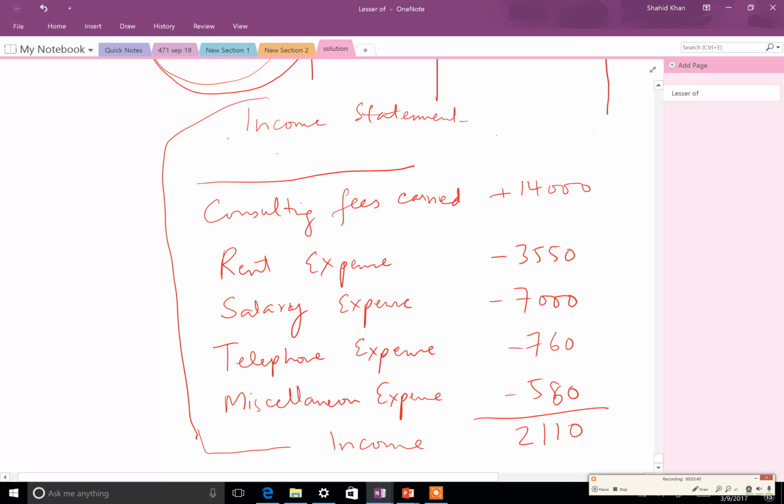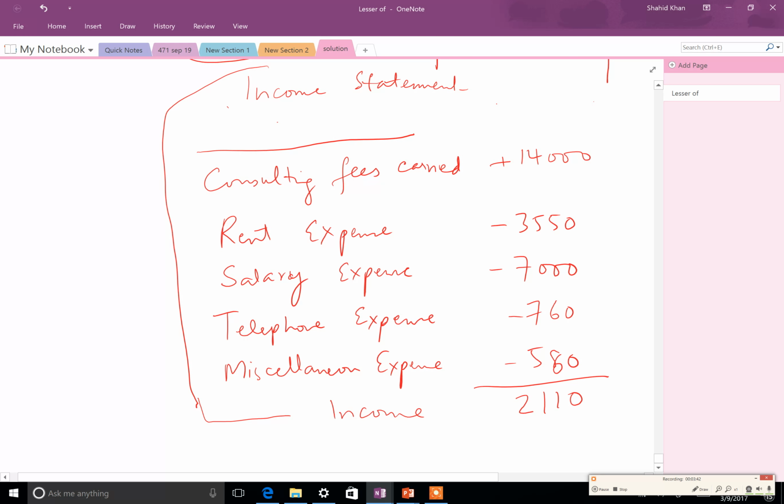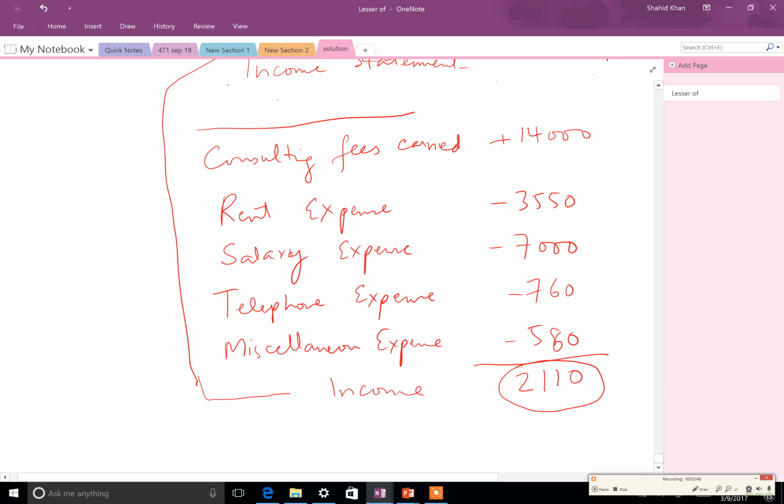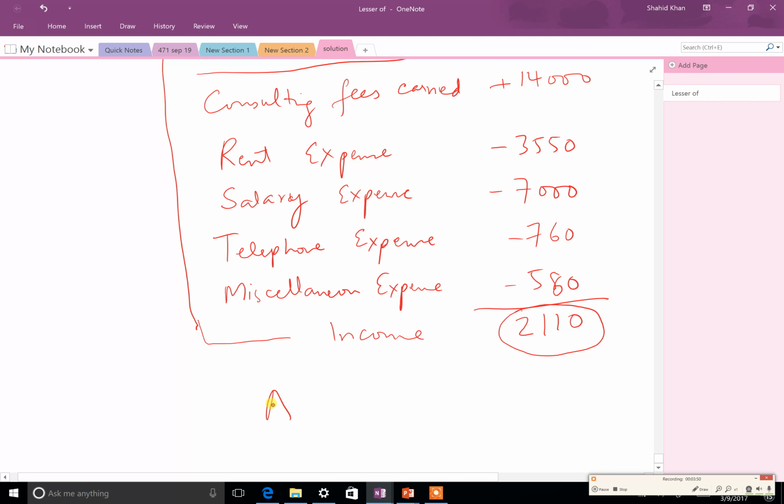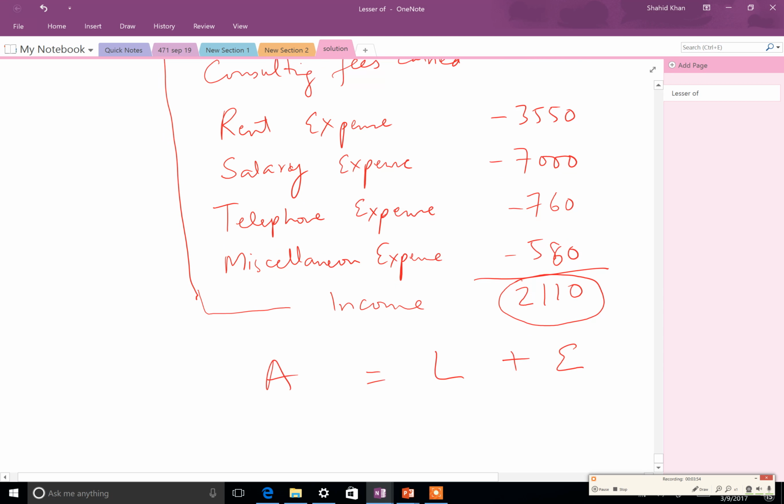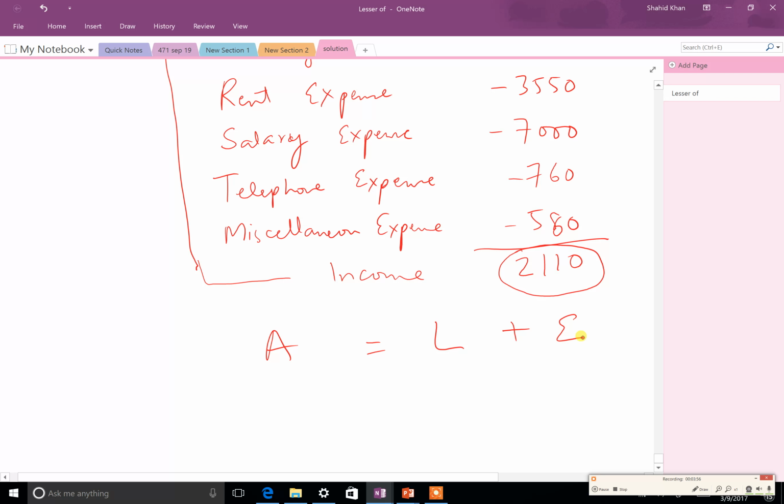That's the income, that's the profit. Remember, this profit is going to increase the wealth. In the equation assets equal liabilities plus equity, this profit belongs to the equity owners.